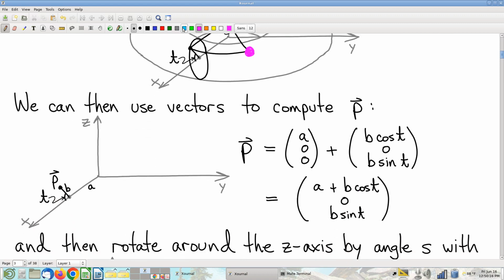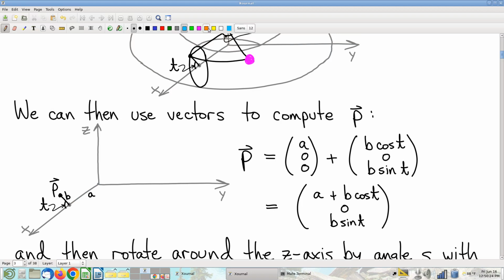It's a multi-step process to get to that point. The first thing I'm going to do is go back to my original picture and observe that this orange point here is a little bit easier to write down. That orange point is going to be computed as follows. It's going to be this vector, which is constant, plus this vector, and that vector depends on what your t angle is.